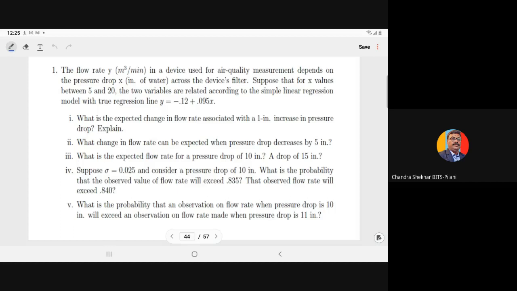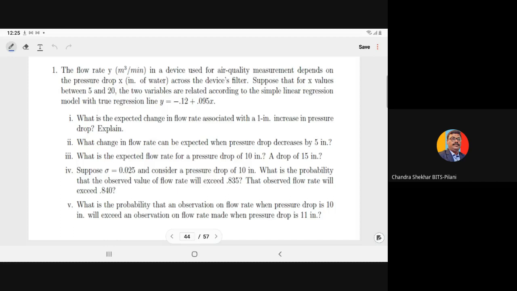Suppose that X values are between 5 and 20, and the two variables are related according to a simple linear regression model with true regression line y is equal to minus 12 plus 0.095x. What is the expected change in the flow rate associated with a 1 inch increase in pressure drop?